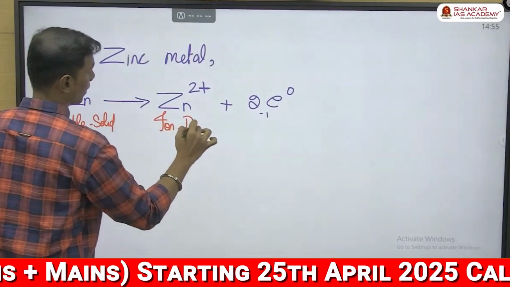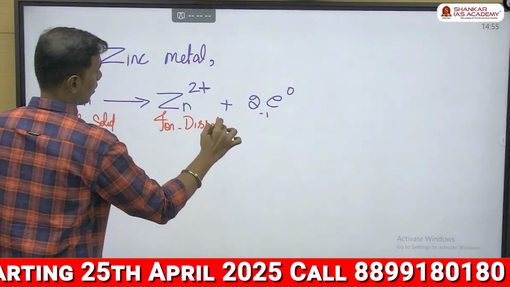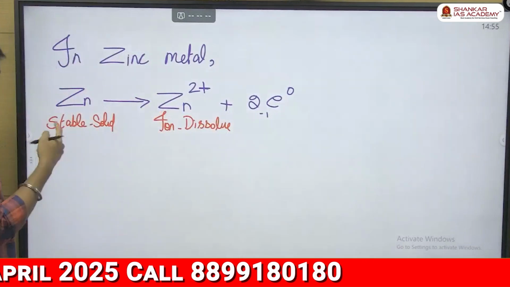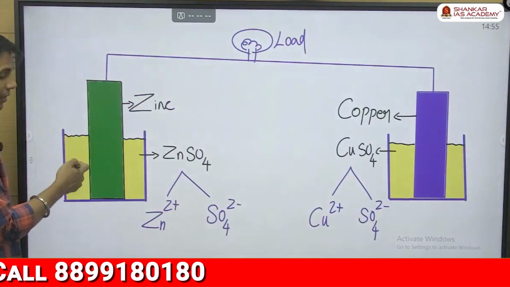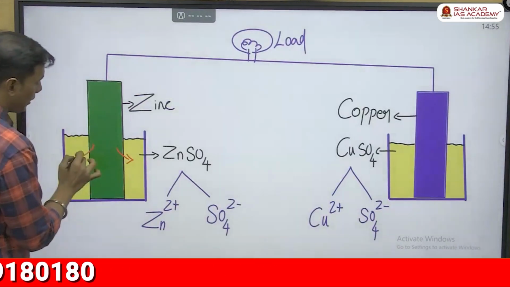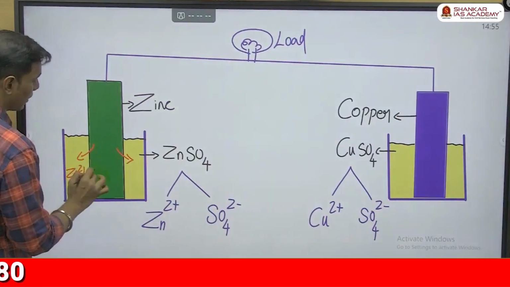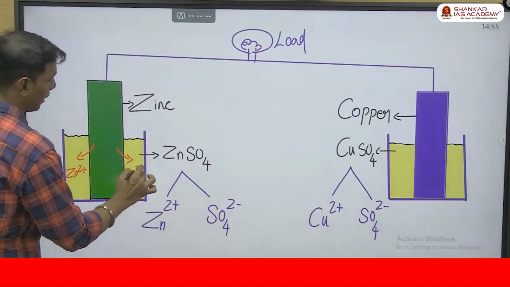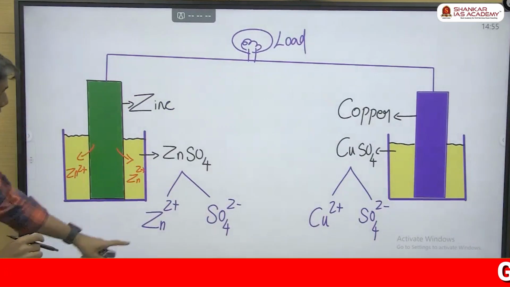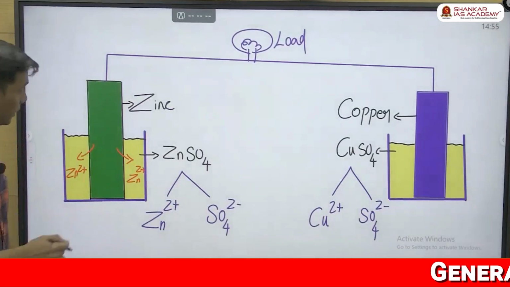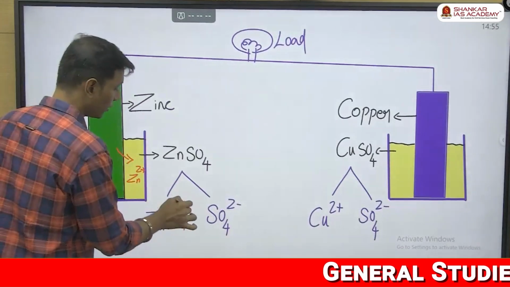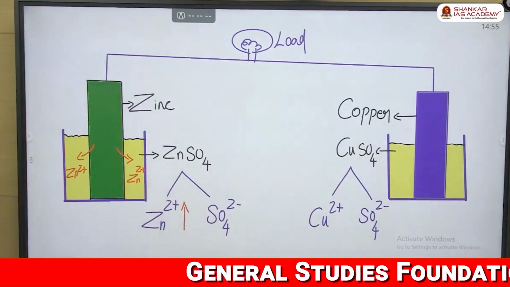If it is an ion, what will happen? This will dissolve. Exactly. Zinc used to be solid, but right now it has lost the stability. And then Zn2+, the metal starts dissolving and mixing inside the solution. Clear? Already what is present inside? Zn2+. Now when it starts dissolving, the concentration of Zn2+ increases. Have you understood this?